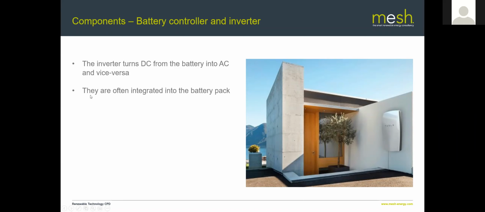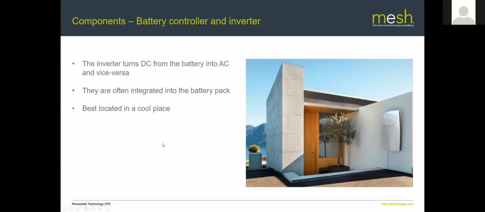The controller and the inverter are quite often part of the battery unit that you buy. If you look at a Tesla Powerwall, the bottom three quarters is probably the actual battery pack, and then the inverter and the battery controller sit at the top.